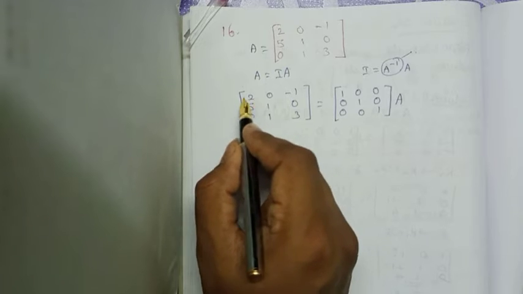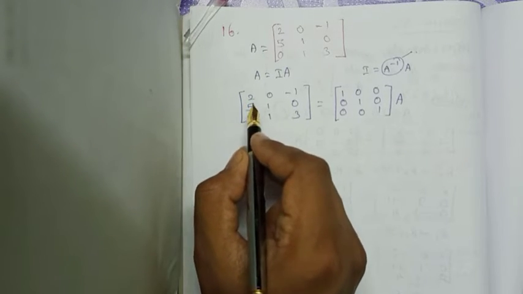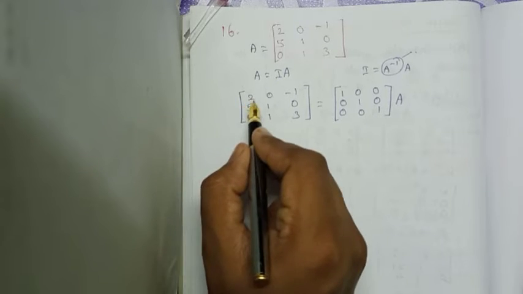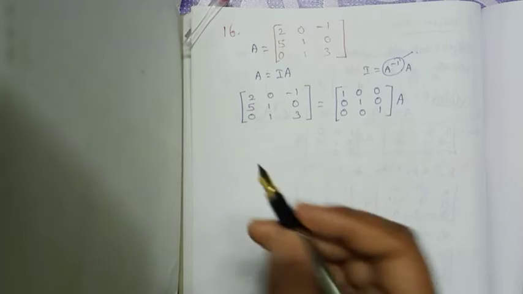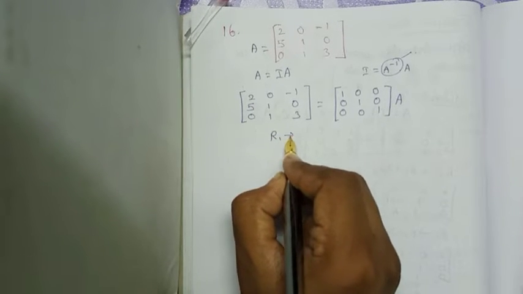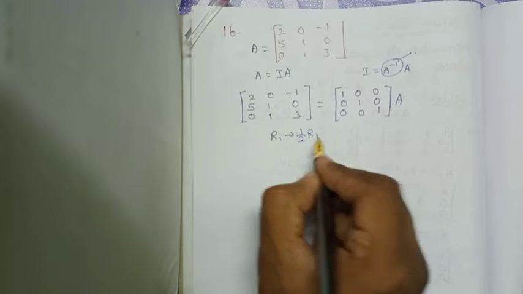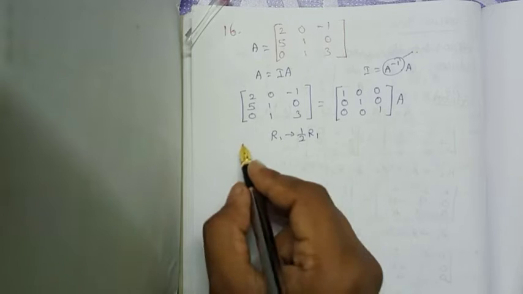The identity matrix has 1, 0, 0 in the first row, so the first entry should be changed to 1. We can divide the first row by 2 to get 1 in this entry, so we apply R1 implies 1 by 2 into R1. We multiply each entry in the first row by 1 by 2.